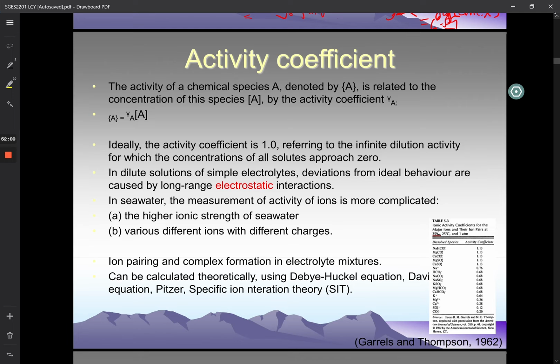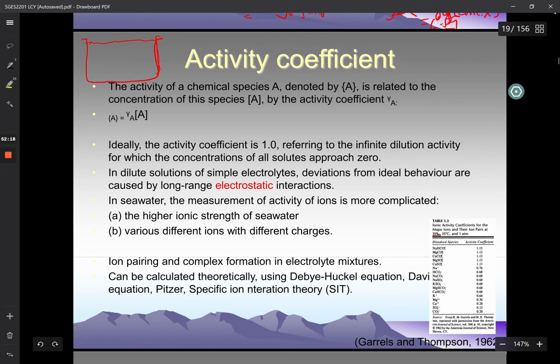Okay, so let's say I sample one beaker of seawater. So this is a beaker, and this is the seawater sample that I collected from Port Dickson. Okay, so you have a seawater sample here.